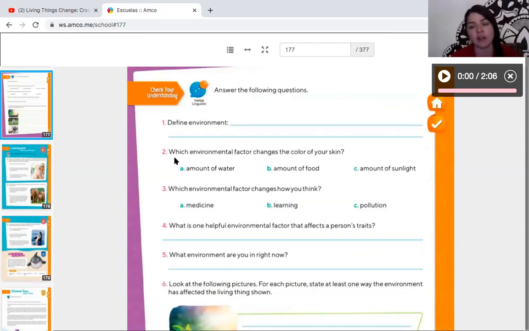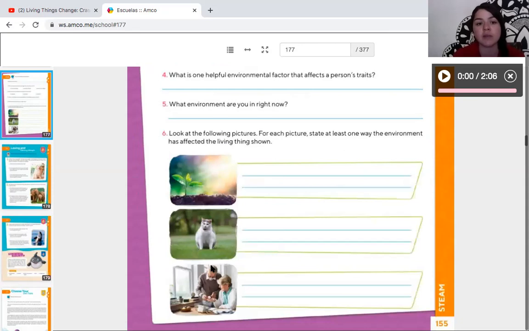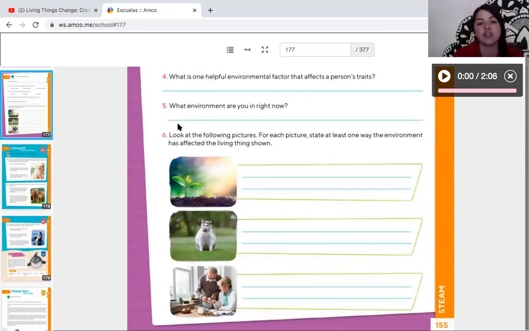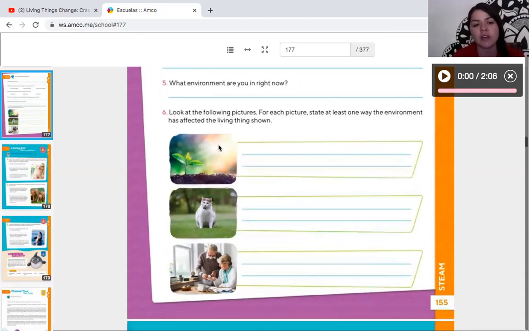As we see, we can conclude that environment is all the characteristics that surround a living thing, and these affect this living thing, okay? Then we have 5 questions that you will answer by your own thinking with the information that we already read. And then you must answer number 6.